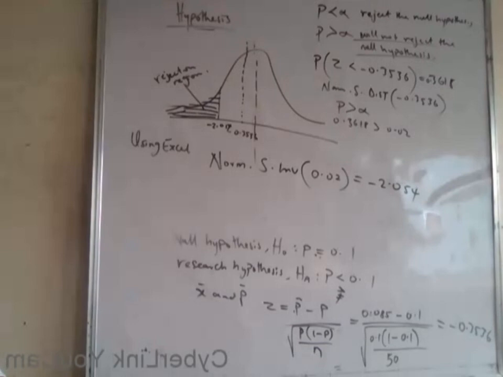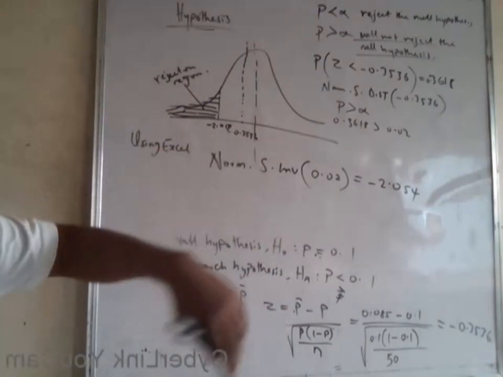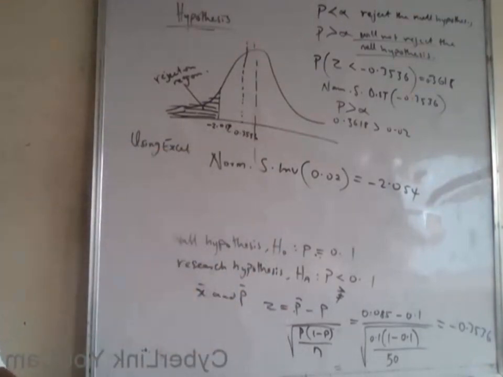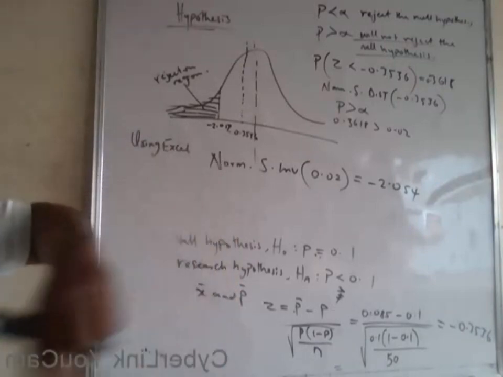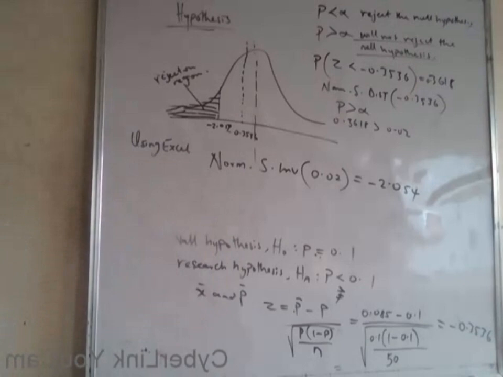Now for this particular example, from the first method, since our z-score of minus 0.3536 falls above our rejection region, which is minus 2.054, we fail to reject the null hypothesis.